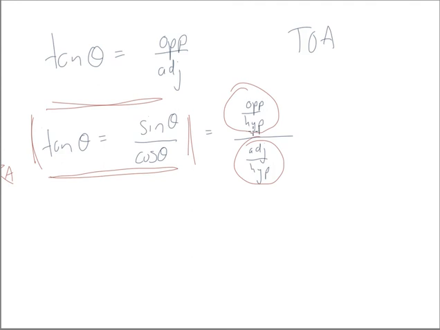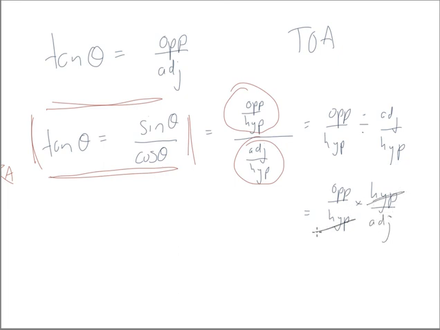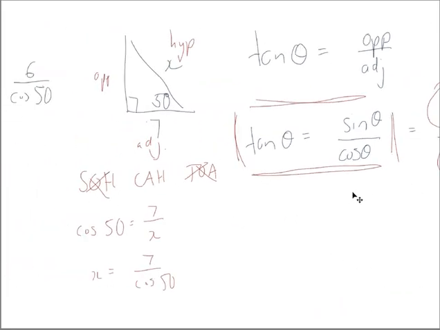This is the same as opposite on hypotenuse divided by adjacent on hypotenuse, which is equal to opposite on hypotenuse times hypotenuse on adjacent, and these will cancel. So we get opposite on adjacent, which is tan theta. A little bit of an extra result in there for you, a bit of a bonus.